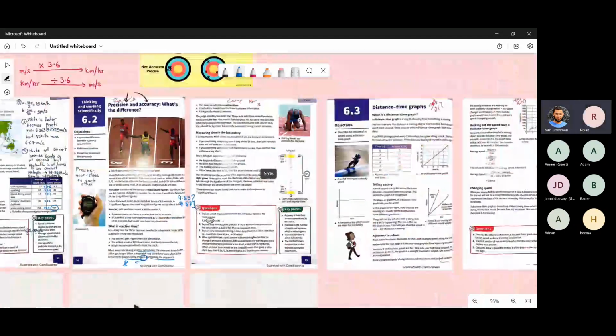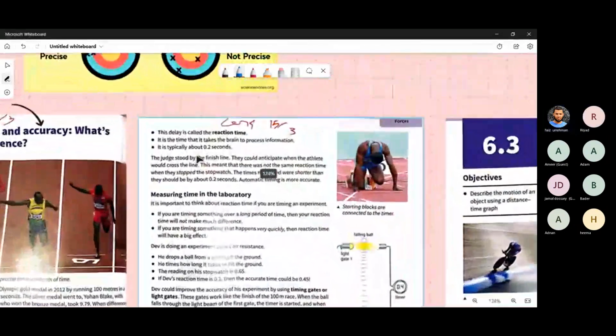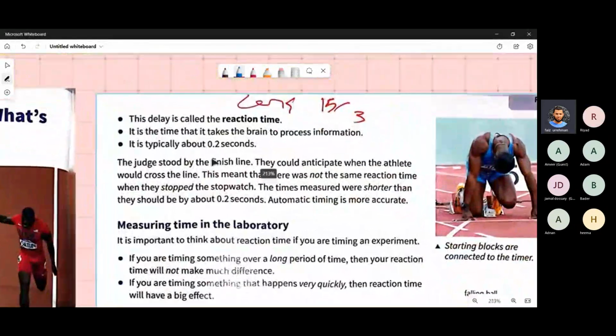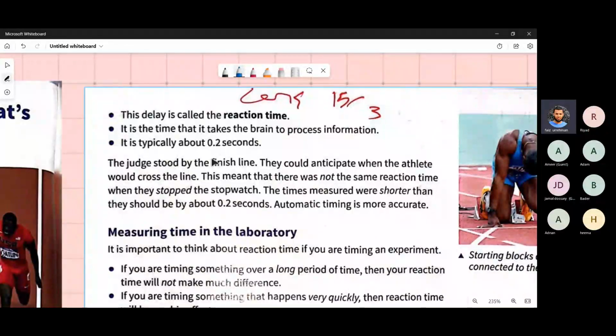Now, what about the runners? Let's read it here. It is the time that takes the brain to process information. It is typically about 0.2 seconds. Very simple lesson. The judge stood by the finish line. They could anticipate when the athletes would cross the line. This meant that there was not the same reaction time when they stopped the stopwatch.